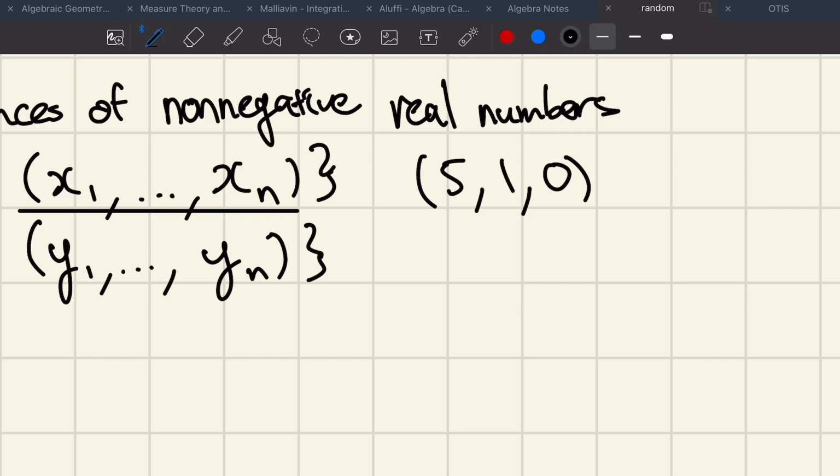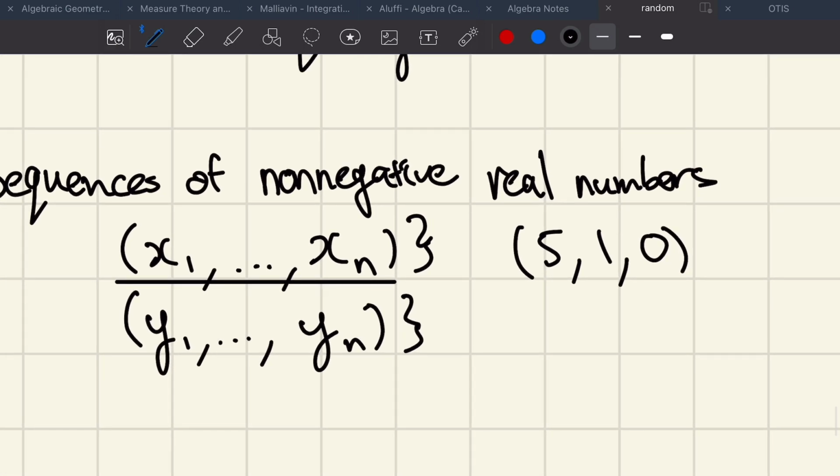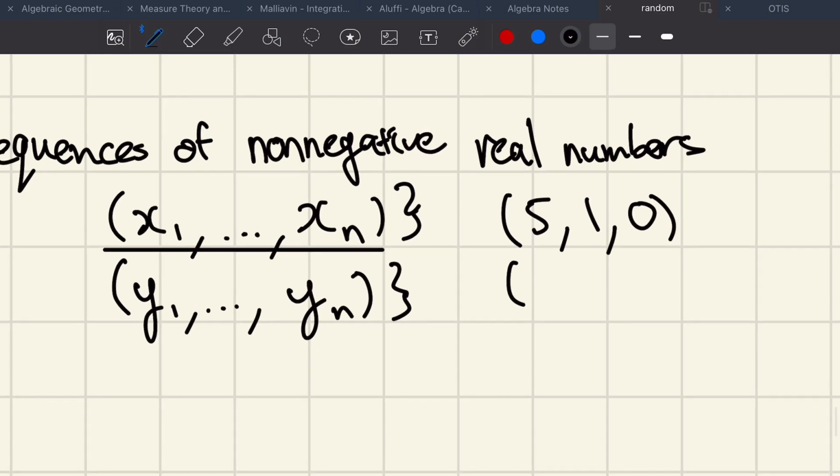And also, we'll make sure that the numbers are arranged in descending order, because it makes it easier to present the theorem. And say y1 to y3 in this case is 2, 2, 1, 0.